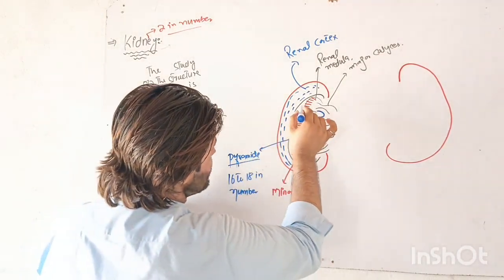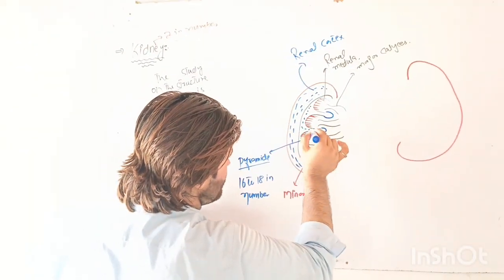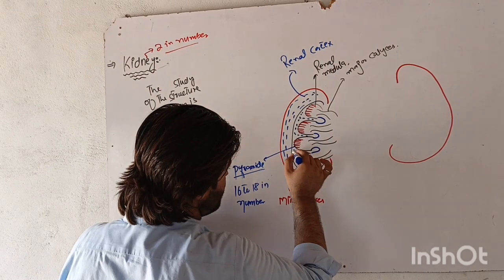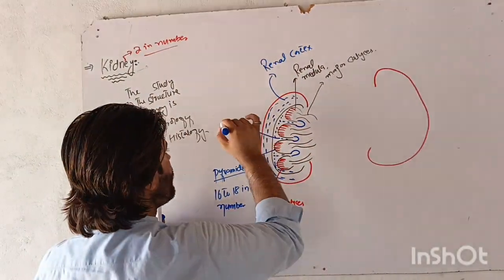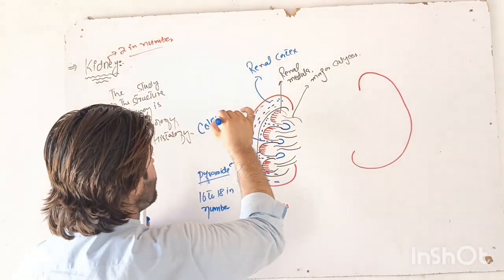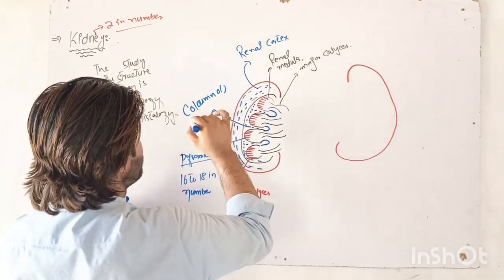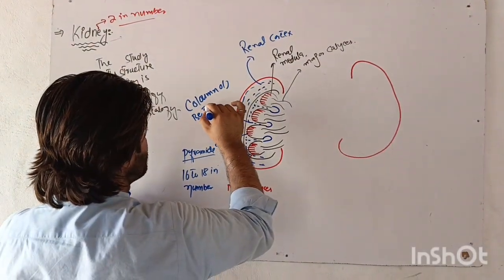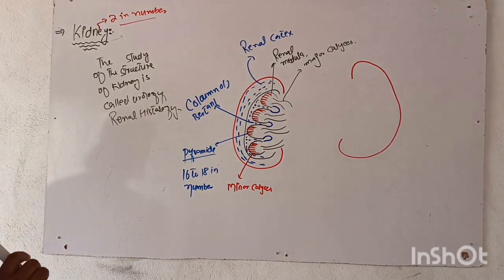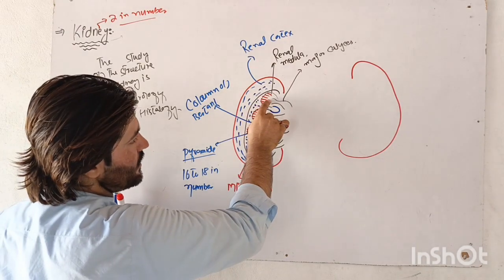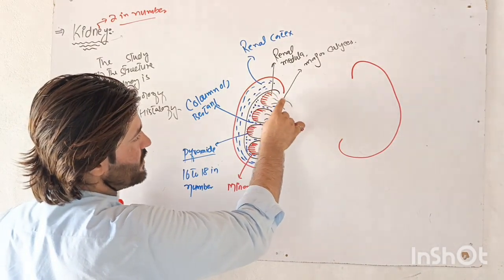And in the major calyx, this dotted part is known as the column of Bertini. That part is the minor calyx, and this is the major calyx.